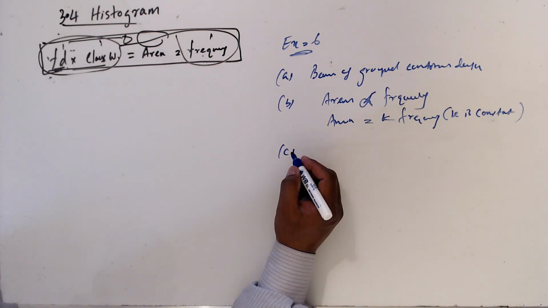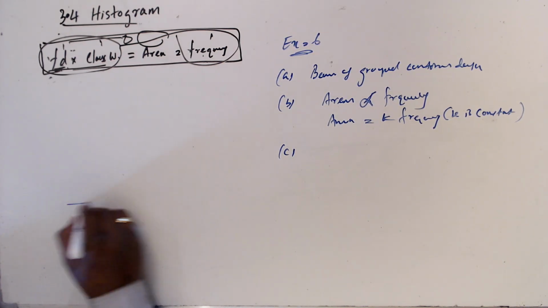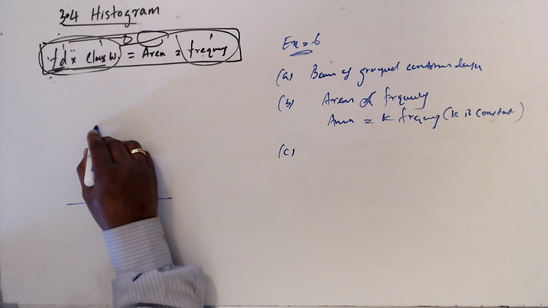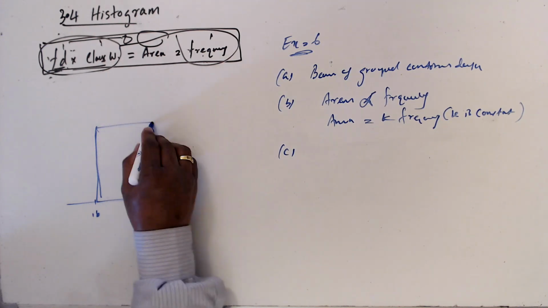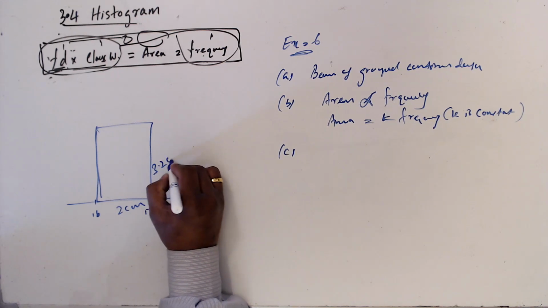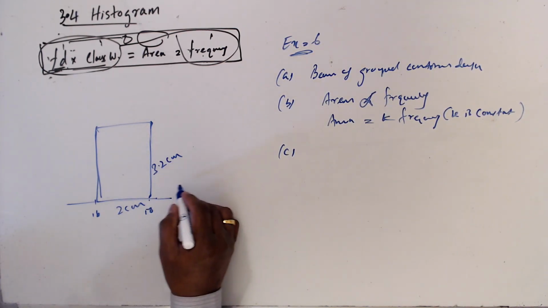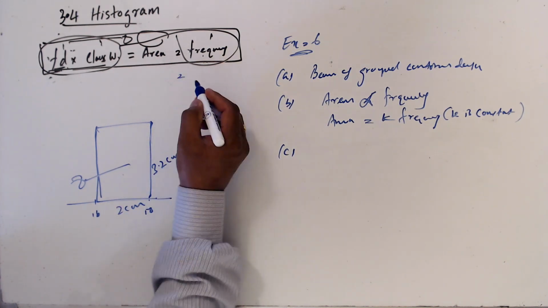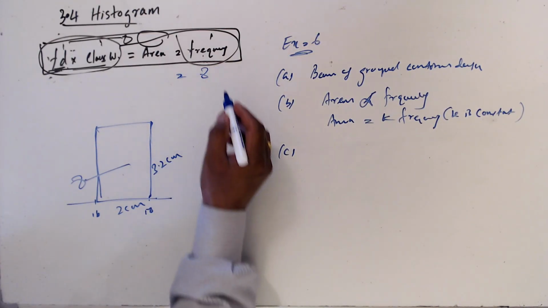Alright, okay, there's a histogram given. From 16 to 18 there is a box. This box has length 2 centimeters and height 3.2 centimeters, and the frequency is 8.